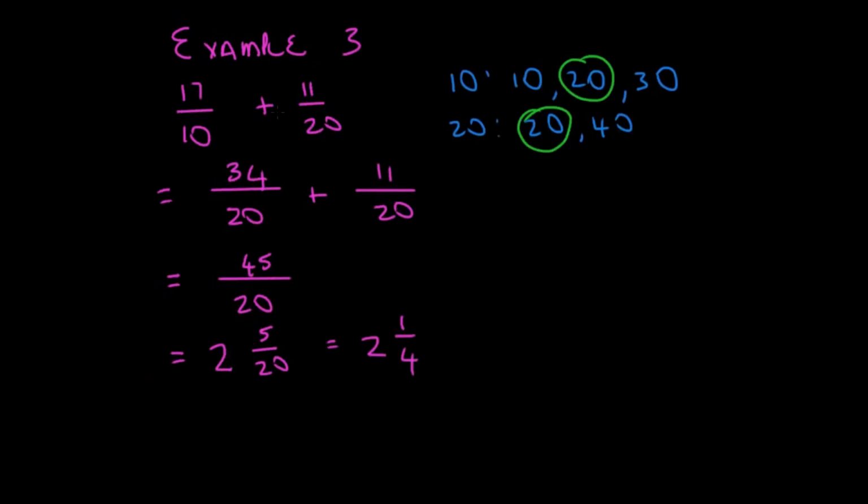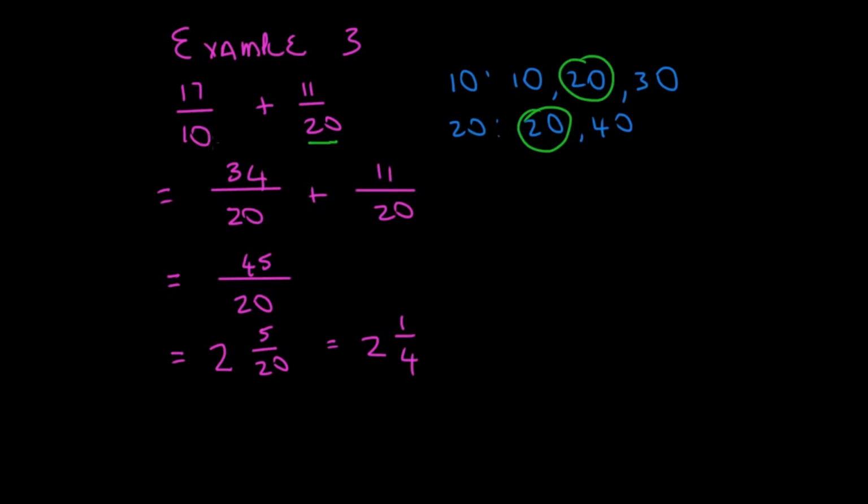Let's look at example 3. We have 17 over 10 plus 11 over 20. Our LCM here is 20. Now, if you look at 11 over 20, the denominator is already 20. That means that we will not change that. But for 17 over 10, we need to convert to an equivalent fraction.